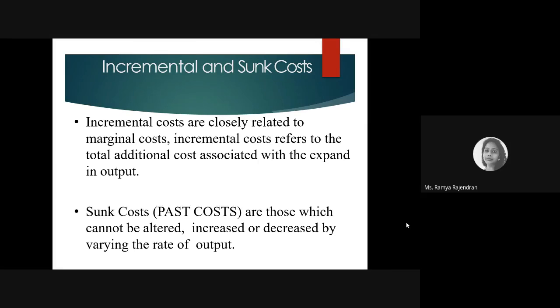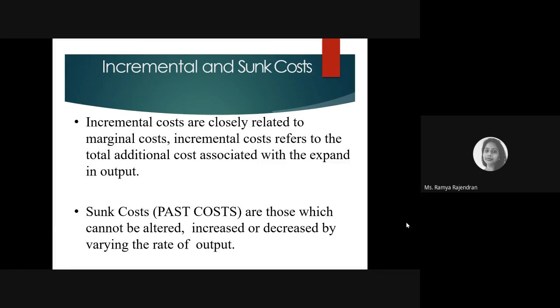You should employ one or two more people, and you should buy a few more machines. The cost that you spend to make additional products is called incremental cost, because you're expanding your output. The total additional cost that you spend in making your additional output is incremental cost. Here you're incrementing your output, so it is called incremental cost.